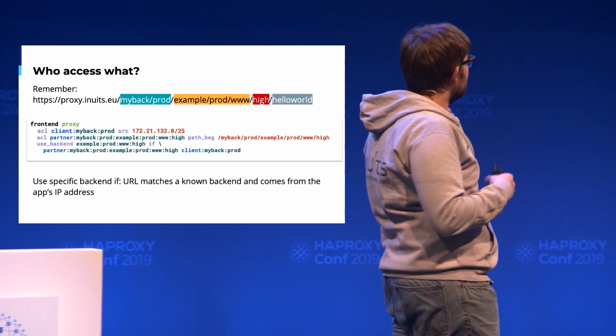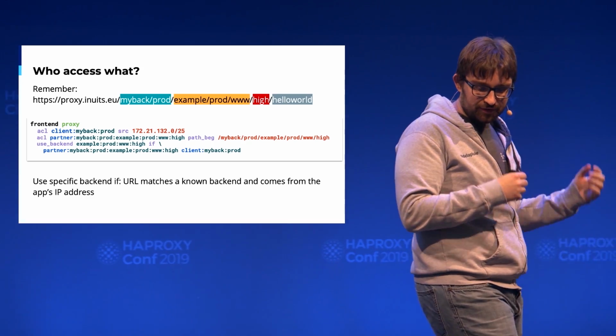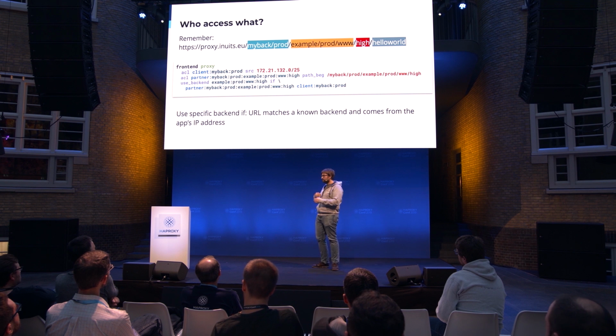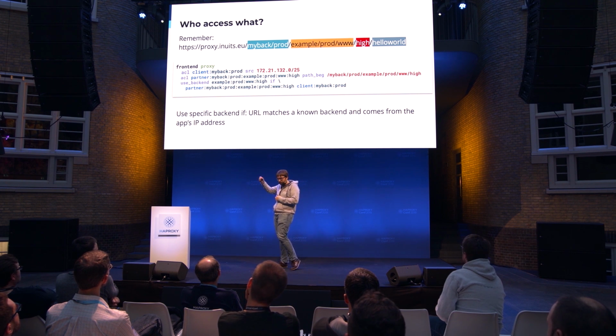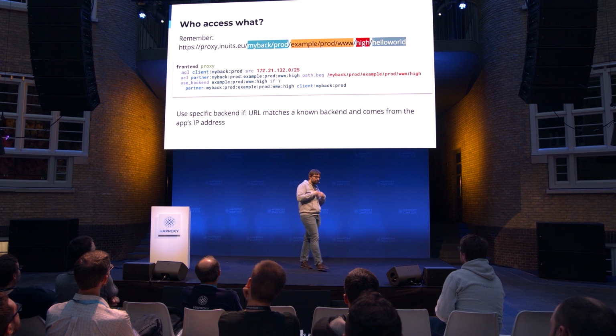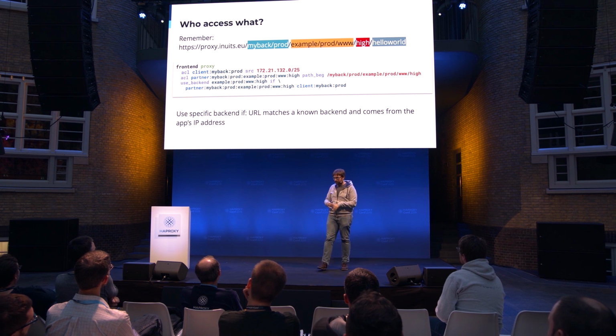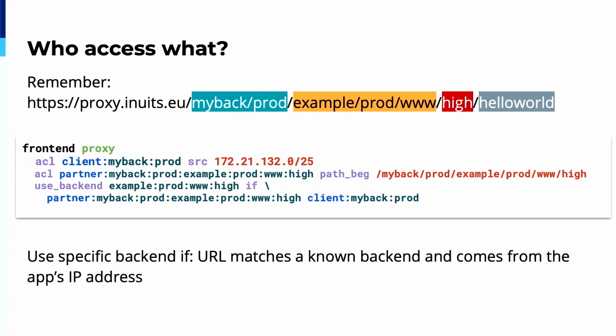So we use the path_beg directive in HAProxy to say, if the path is beginning with that URL, like myback prod example prod wwi, then I will use the use_backend directive. If those conditions are met, so in this case that the IP matches my client, and that the path is beginning with what my client should announce, then you will use that backend.